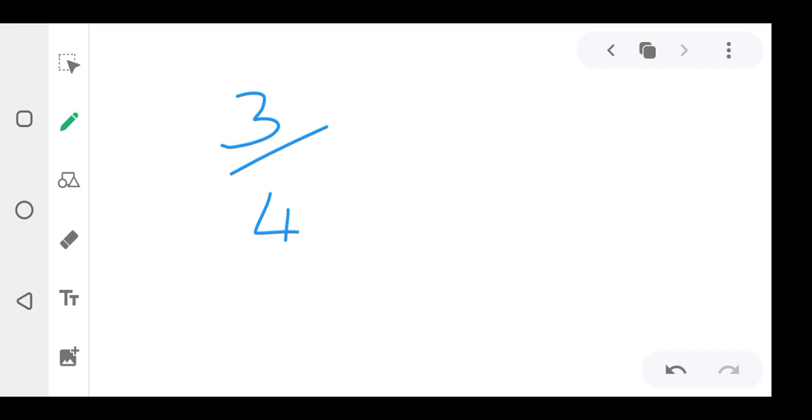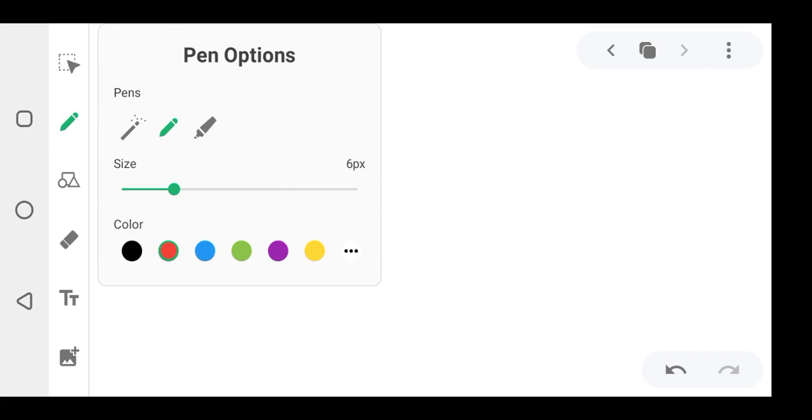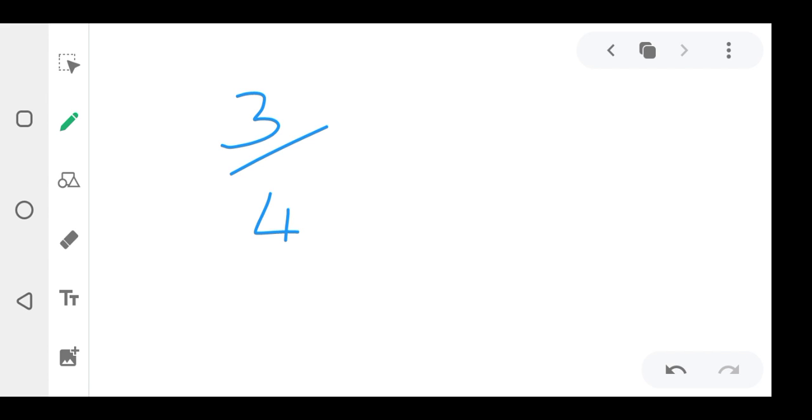Why? A proper fraction has a smaller number being lifted by a larger number. Have you seen, 4 is lifting 3? So a fraction where a smaller number on top, which is 3, is being lifted by a larger number 4 is called a proper fraction.